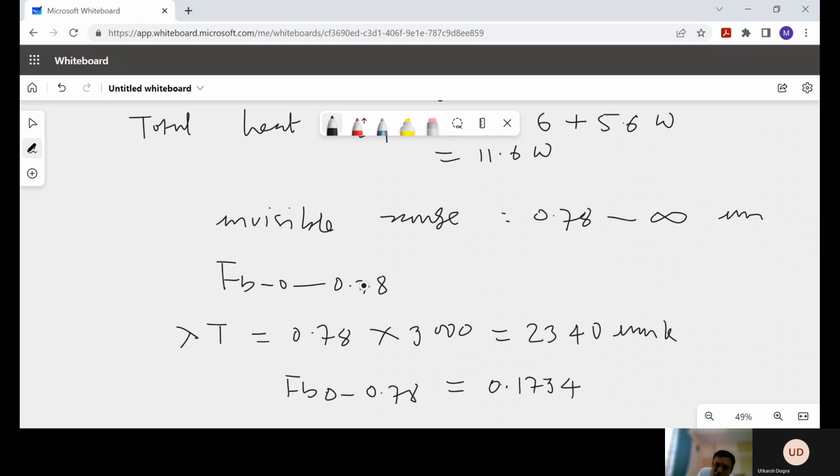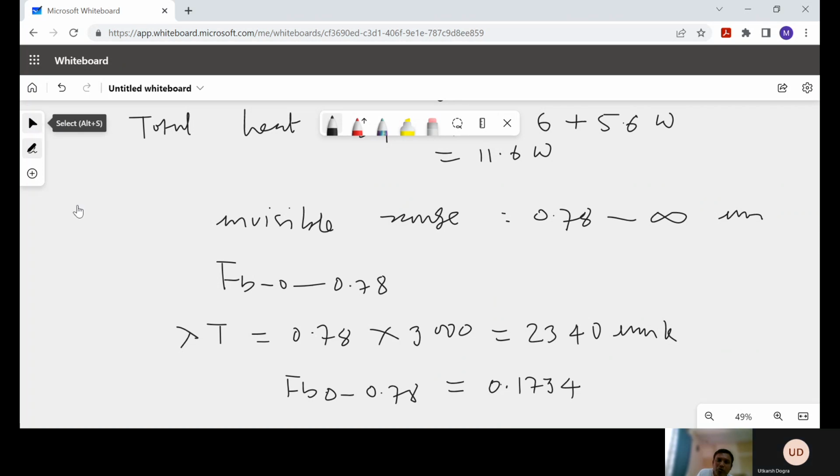Okay, so this is between 0 to 0.78, but what we are interested in is beyond 0.78. Only beyond 0.78 will be intercepted by a glass surface. Below 0.78, anything will pass through the glass surface because that is a visible range. Yes or no? Yes, sir.